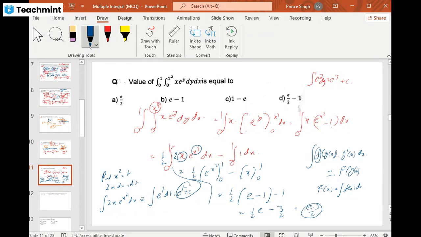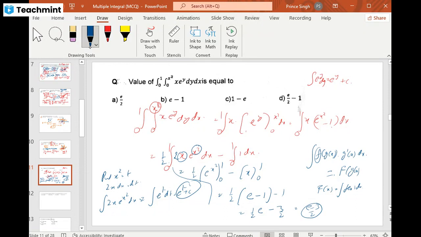Is there any calculation mistake here? Let me check. x as it is, its integral is e power y. Substituting upper limit e power x square, lower limit e power 0. E power 0 is 1. So multiply and divide by 2. Its integral is e raised to power x, so it is e power x square minus 1.